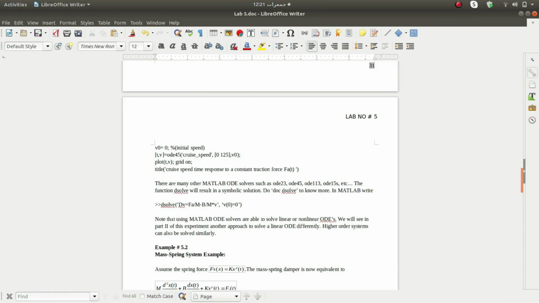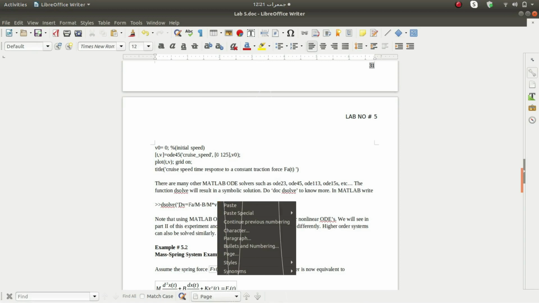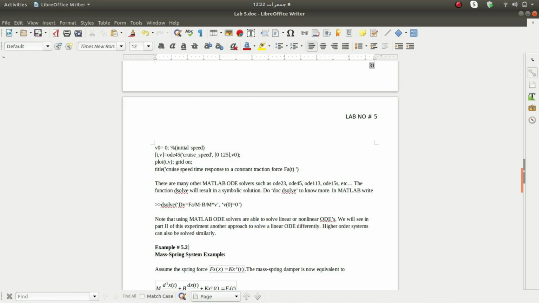Dsolve is another command. It will also show you the result of this equation, but the difference between dsolve and ODE45 we will discuss. But here remember, we are using two functions: one is ODE45 and the second one is dsolve to solve this particular equation.